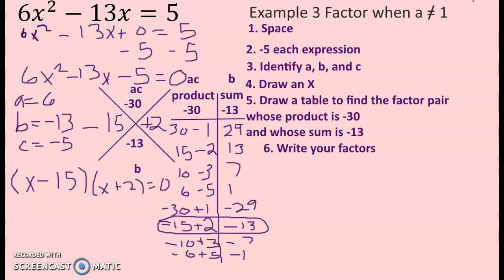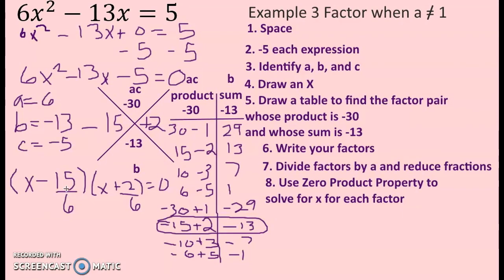But wait, since A does not equal 1, we have to divide these numbers by A. If we were finding the proper factors, we would slide them over. But we're just solving for the zeros in this case, so we don't have to do that. From here we use the zero product property to solve for X for each of these two factors.